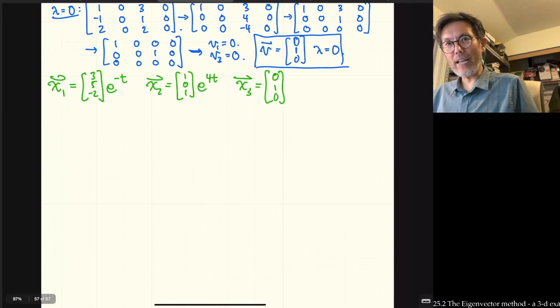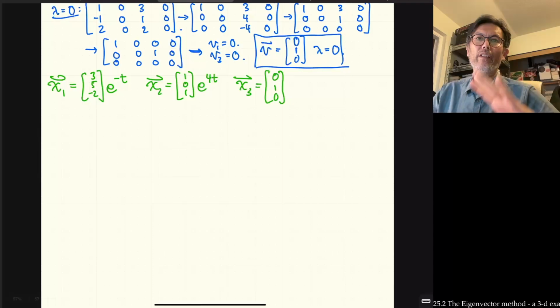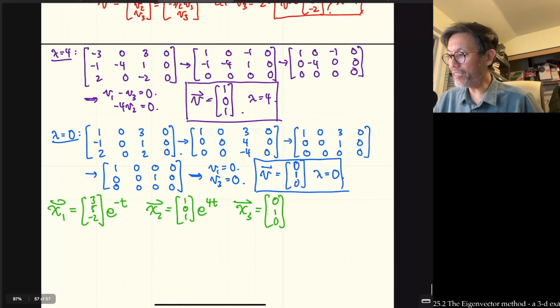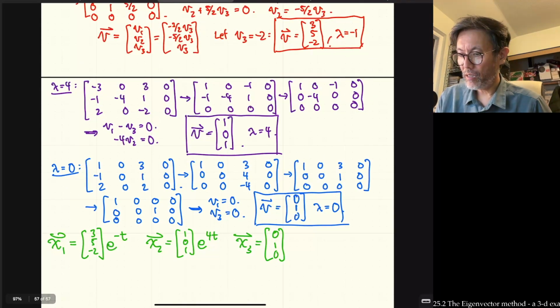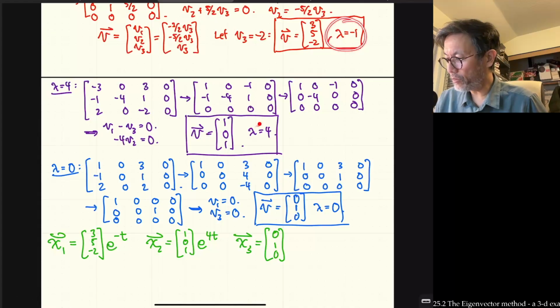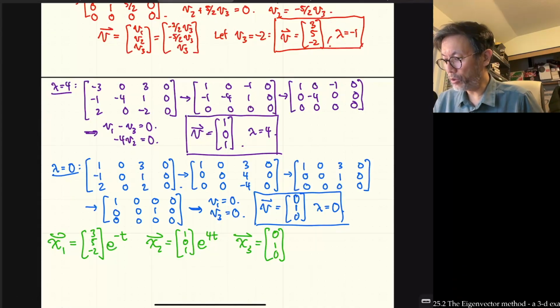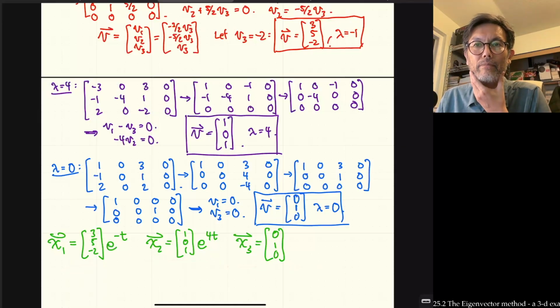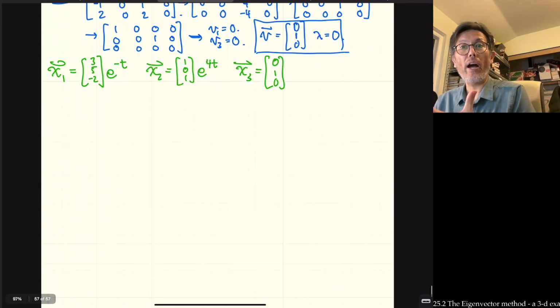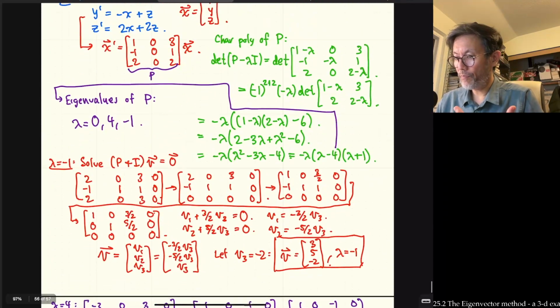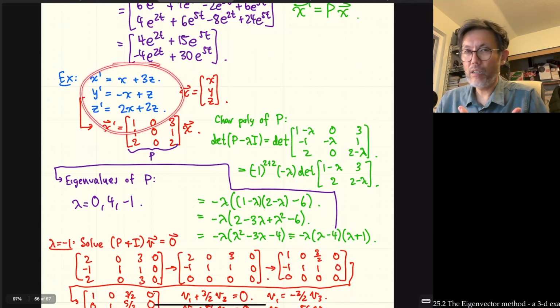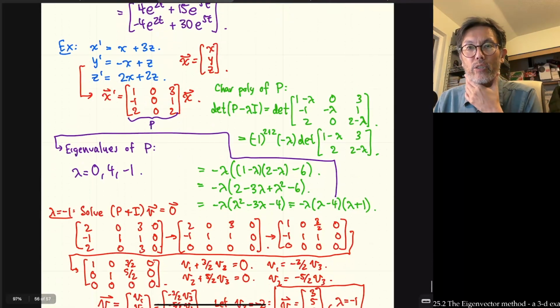So what this is saying: we notice we have 3 distinct eigenvalues in this case. They're all real. So we know that these 3 solutions are linearly independent. And so I can form the general solution to this system of differential equations by mashing them together into a superposition.